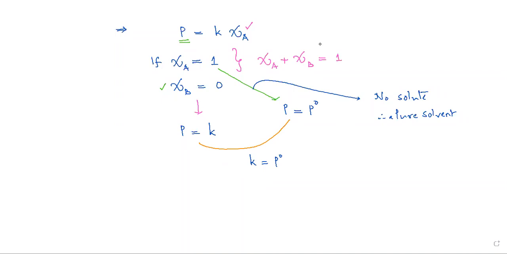Now let me take this into this. Substituting this in P is equal to K XA, what do we get? Therefore, P can be written as P naught into XA, right? K is equal to P naught. Now, P by P naught is equal to XA, right?